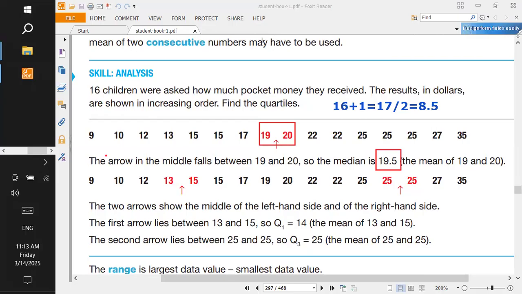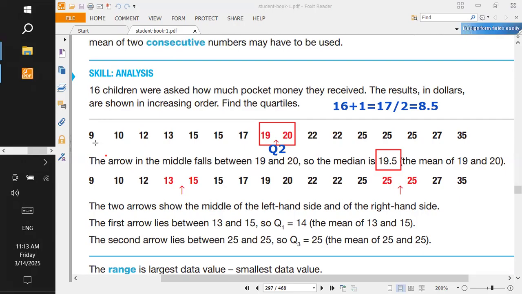This means that the Q2 here will be a number between two numbers, and this happens if you have an even number of data. Same idea, because you used both numbers to find the Q2, you can't use them to find the Q1 and the Q3.